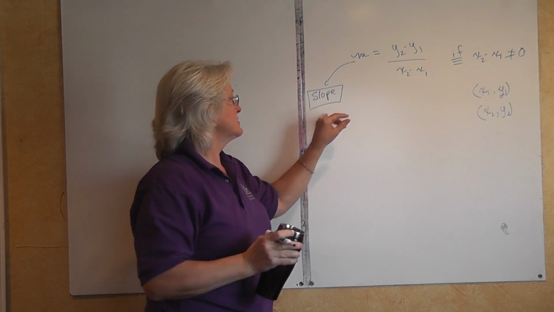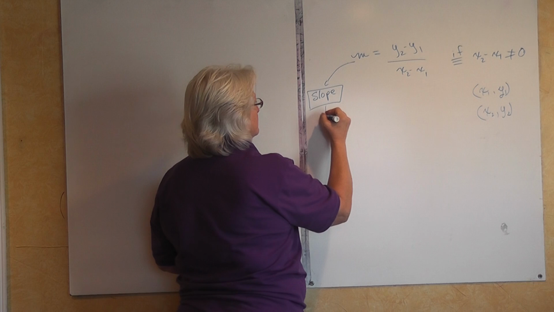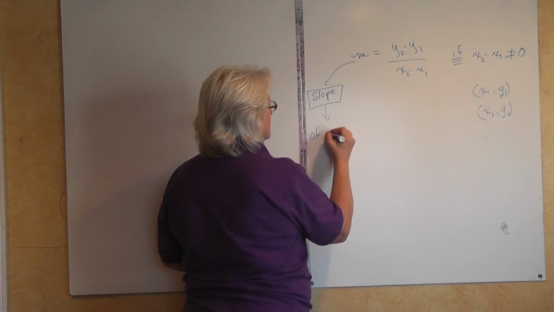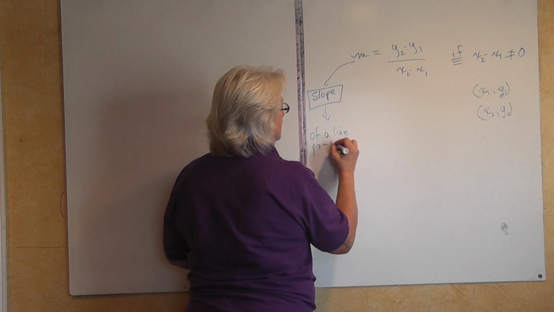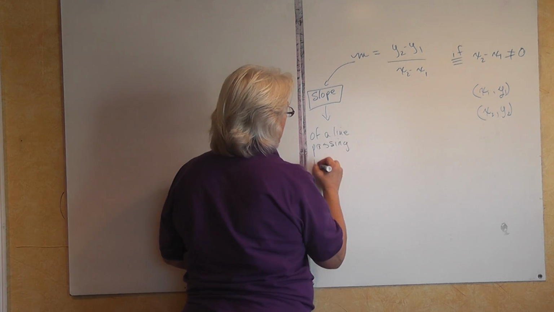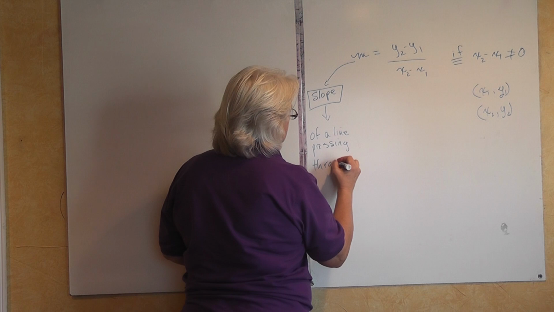M is the slope of a line passing through 2 specific points.